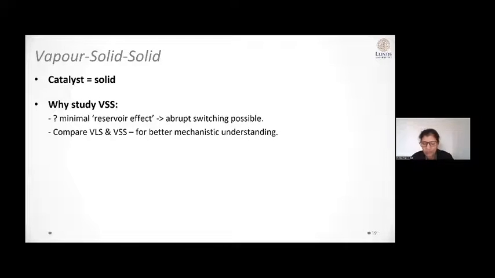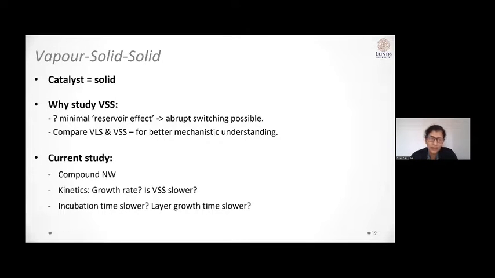And our motivation for studying vapor solid growth was to understand in a little more detail the nanowire growth mechanism. There are different studies which people have made about vapor solid growth, but all those were on elemental nanowires. Actually, they were all studying silicon nanowires.